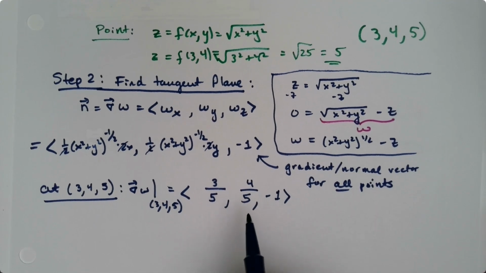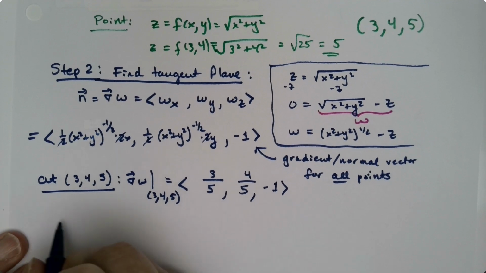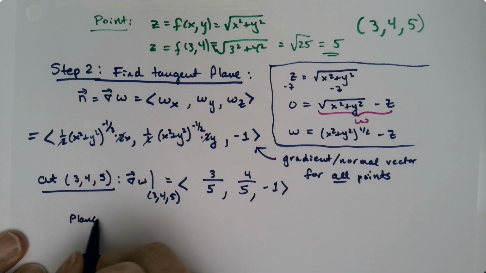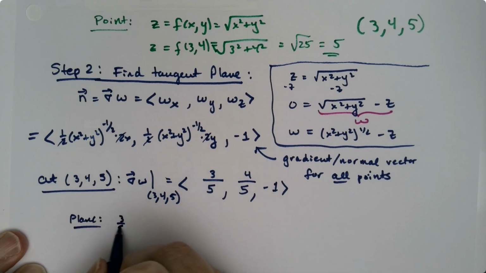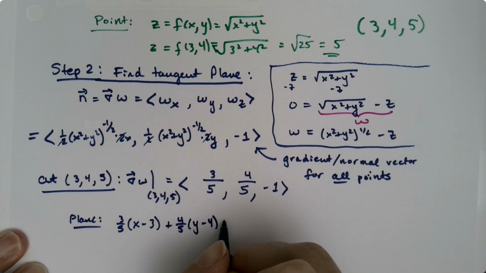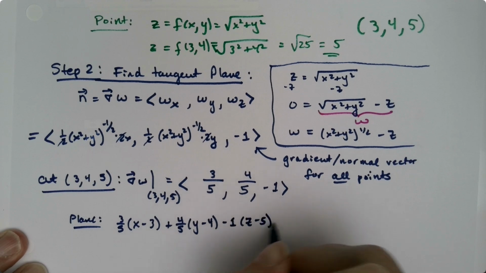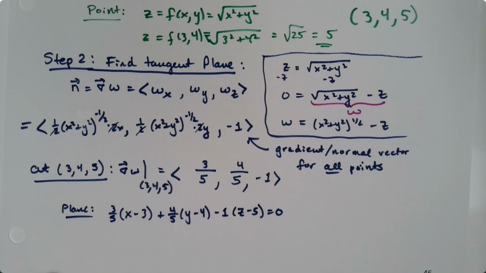Now this is perfectly fine, and we can use this. It's not so helpful. So what a lot of times we will do, let me write the plane. So the plane could be written as 3/5 (x minus 3) plus 4/5 (y minus 4) minus 1 times (z minus 5) equals 0. And that's fine, but it's not so useful and easy to work with.